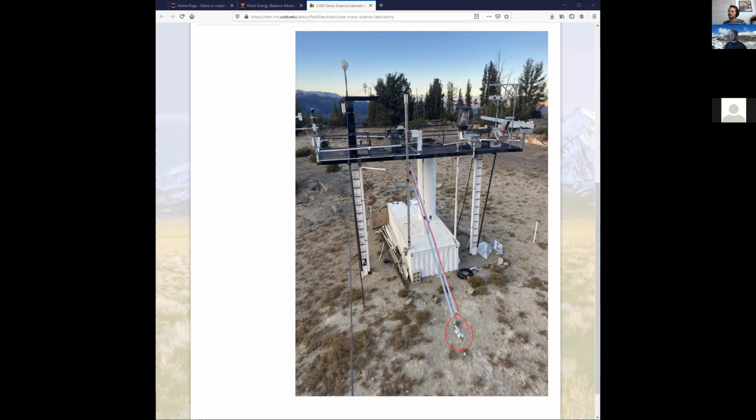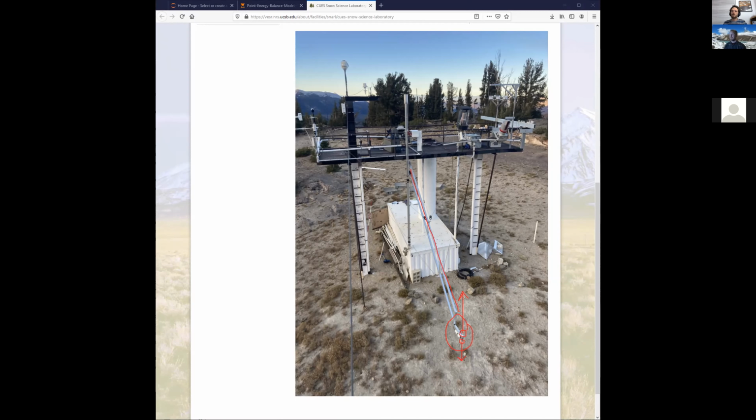And on the end of the boom, we have 2 radiometers. Radiometers are instruments that measure the flux of shortwave radiation that they see. We have one radiometer pointing up, and another radiometer pointing straight down. And we're going to have the data streams from these 2 instruments in our lab.